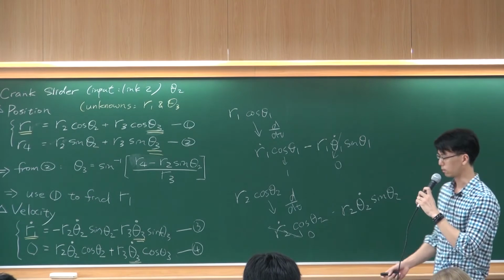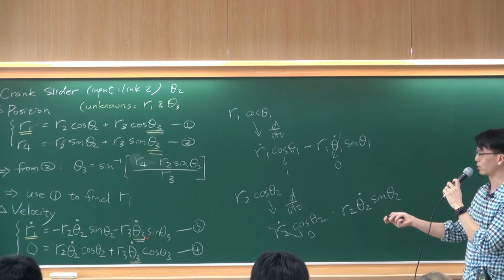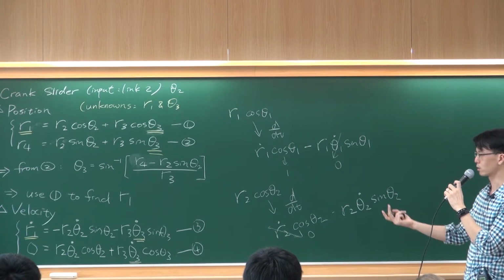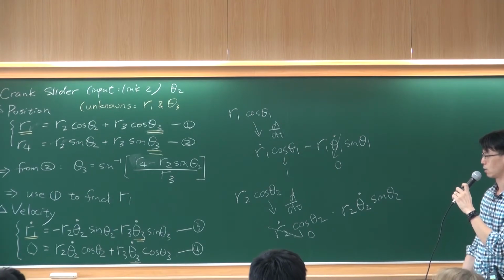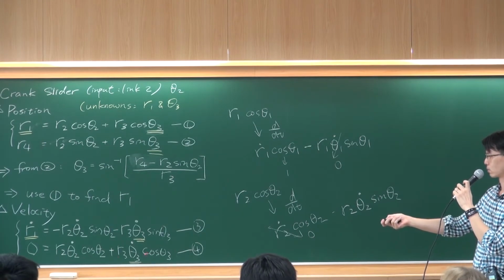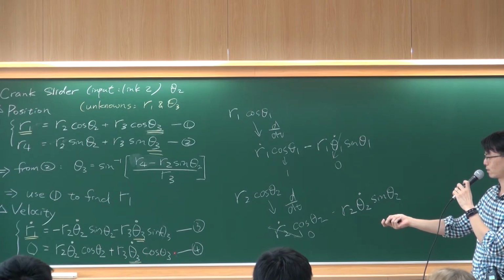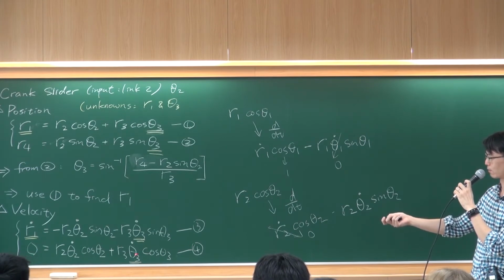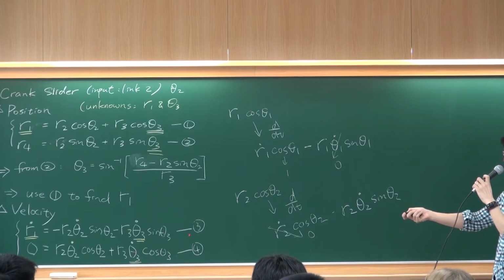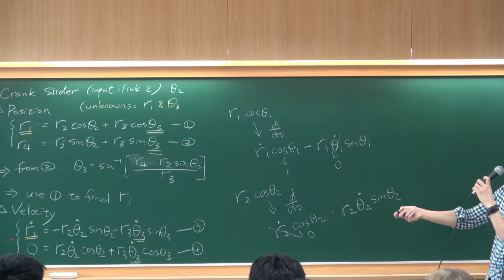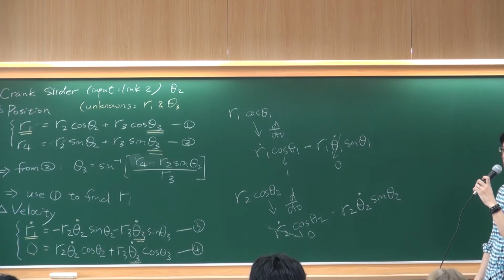So we still have two equations and two unknowns, and these should be able to solve them. Here I think you can use the fourth equation to determine the value of theta 3 dot. Once you obtain theta 3 dot, you substitute it into the third equation to obtain R1 dot.